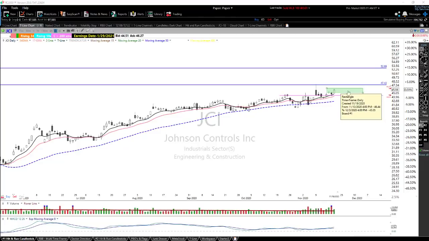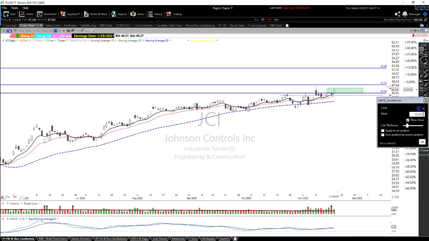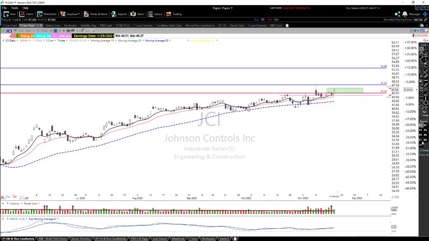At the moment, based on the green box here, we'll use about 45. Let's make that red there. We'll look at about $45 as a stop, providing we buy it in here. If we end up waiting and buy up here, then we'll have to raise the stop so we're not too far off our budget for the stop area.